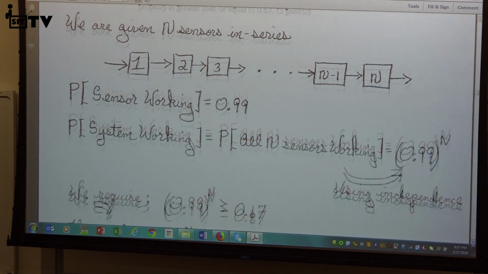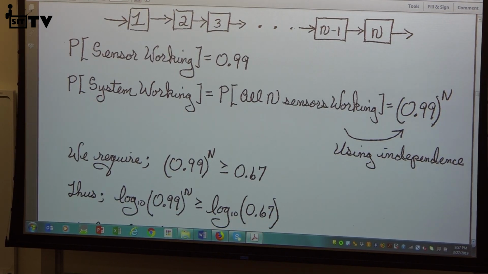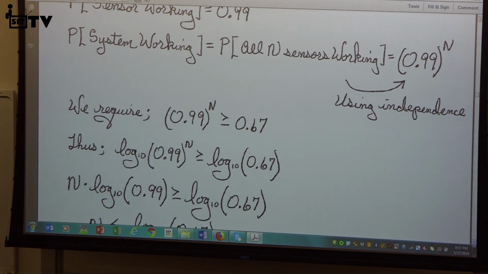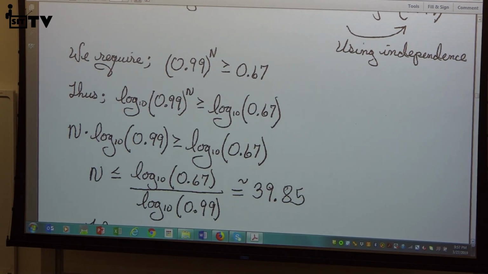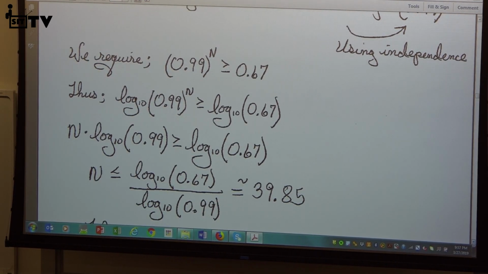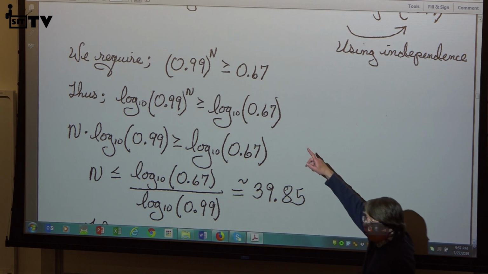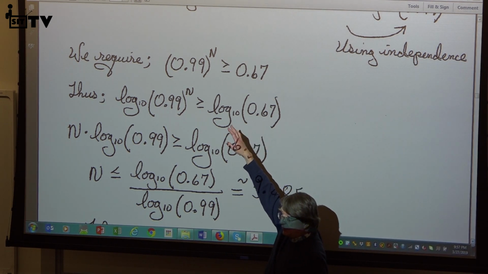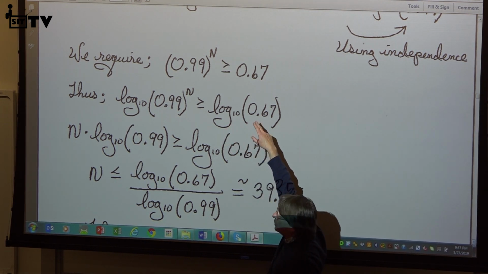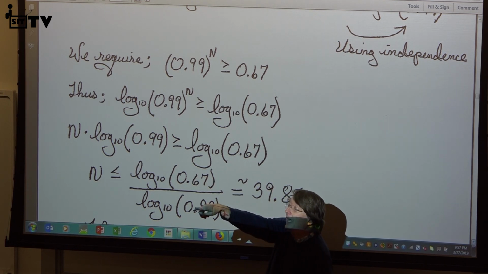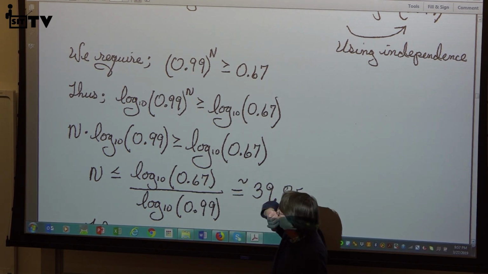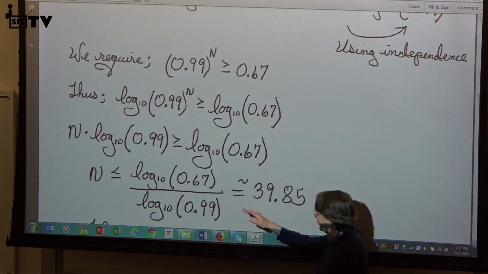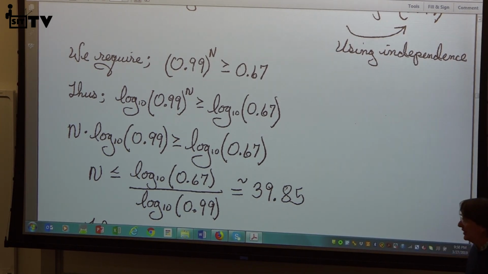Now, we require that expression for the probability of the system working must be greater than 0.67. So again, I use logs. Here I was fortunate enough to write it out, so I can rely on this.